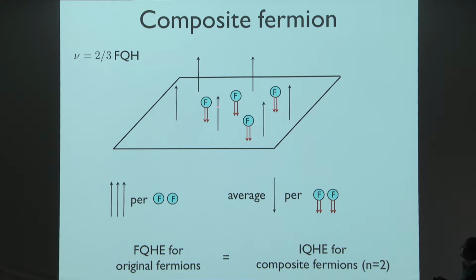Attaching a magnetic flux quantum to each of these fermions, we get now 8 arrows. So counting the number of arrows in the mean field theory, now we have a magnetic field pointing in the opposite direction compared to the initial magnetic field, with a strength corresponding to 1 arrow per 2 composite fermions.